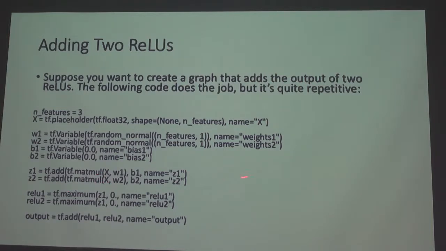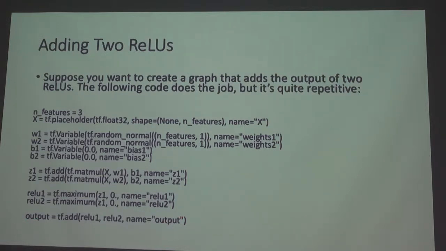Z2. And ReLU 1 is going to be the maximum value of either Z1 or 0. ReLU 2 is going to be the maximum value of either, I'm sorry, this is Z2, I made a mistake here, Z2 or 0. Then we add ReLU 1 and ReLU 2, and we just give it the name output.